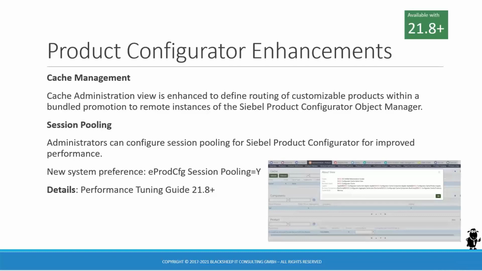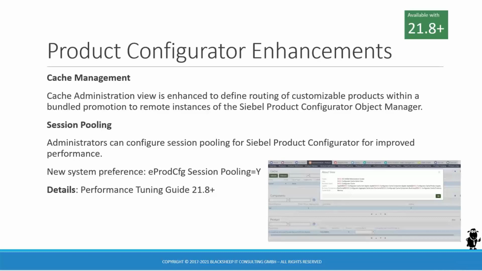There are some improvements in cache management according to the updated performance tuning guide. There are some enhancements to the cache administration view. Not that I've been using it actively, I'm not a product configurator admin, but now you can add promotions, bundled promotions, to remote instances for caching, in layman's terms.